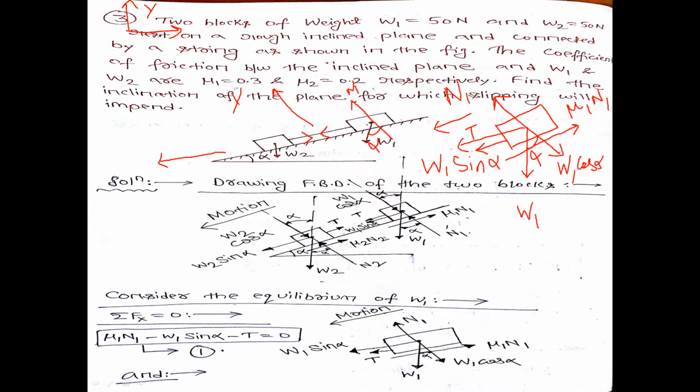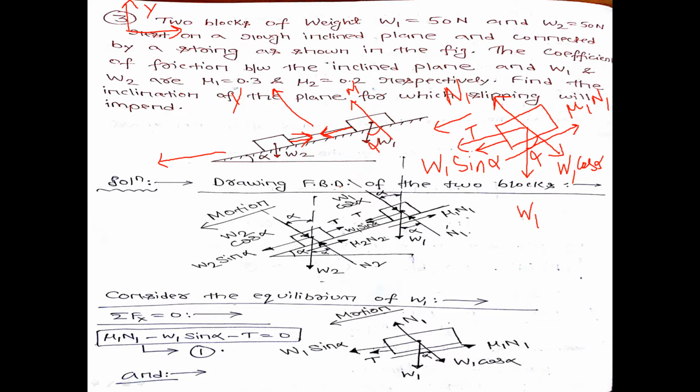So for the W1 block the direction of tension is this one, and for the W2 block it will be this one. If you take the opposite direction, it is not a problem. Ultimately your answer will come out negative. If your answer for tension T comes out negative, that means you have taken the wrong direction, and the direction will be opposite. Now it is clear?